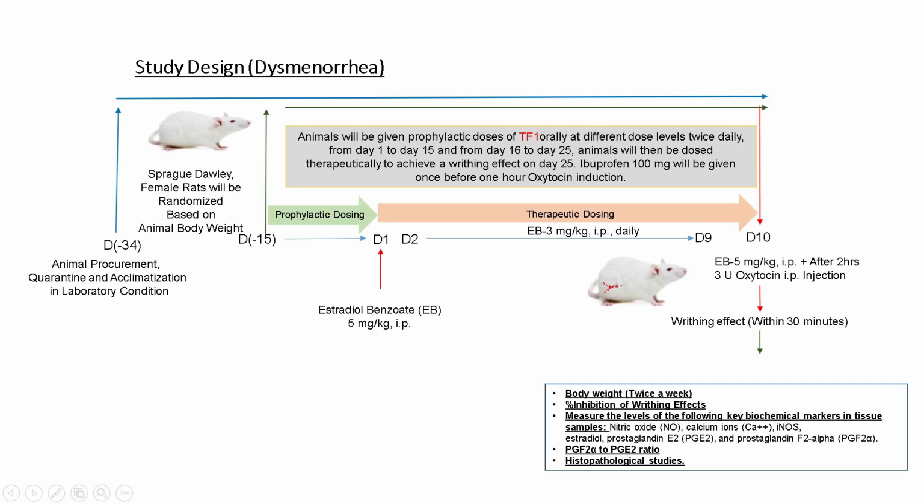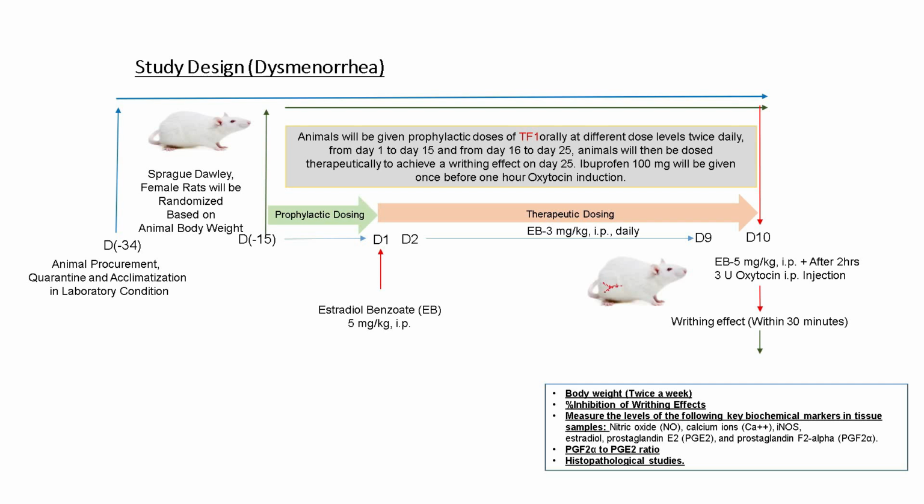So you can see, to check the exact drug effect, you can induce estradiol in animals on day 10, and after 1 hour you can dose the test drug and standard drug to all animals, and after 1 hour of dosing you can induce oxytocin.